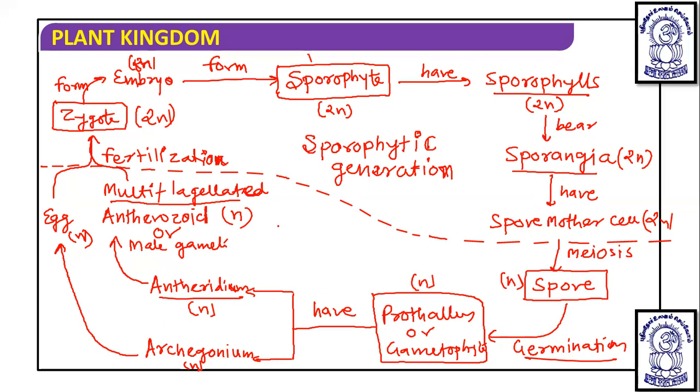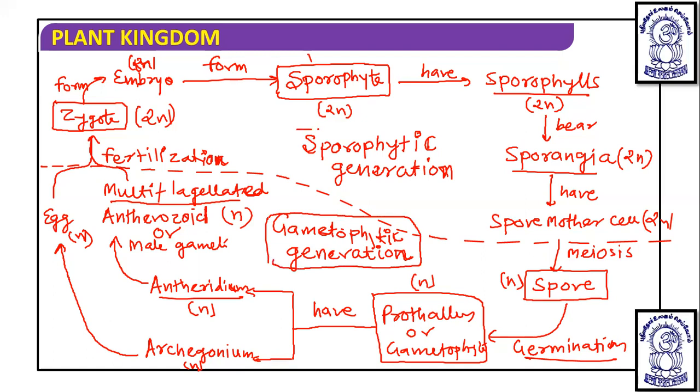Whereas when we talk about these haploid stages, they represent the gametophytic generation. This represents gametophytic generation. This represents sporophytic generation. So like this, the whole life cycle continues in case of the pteridophyte.